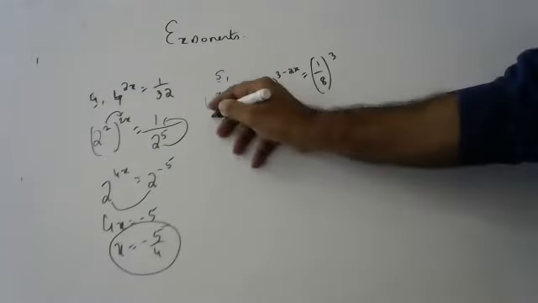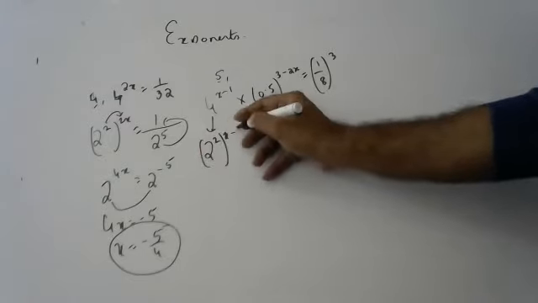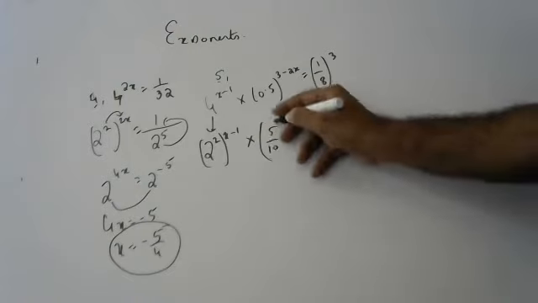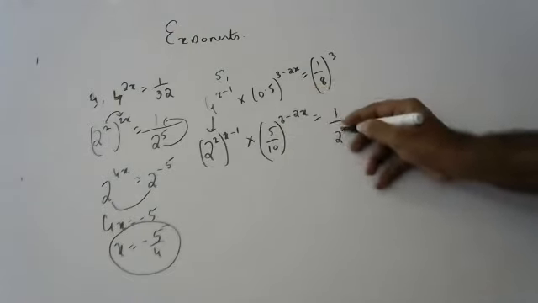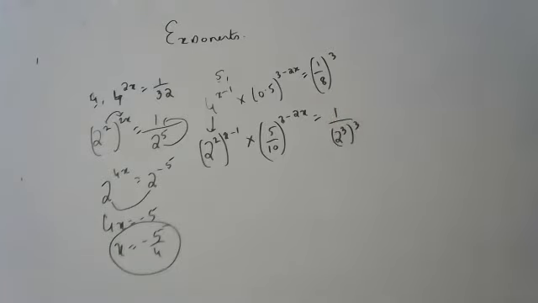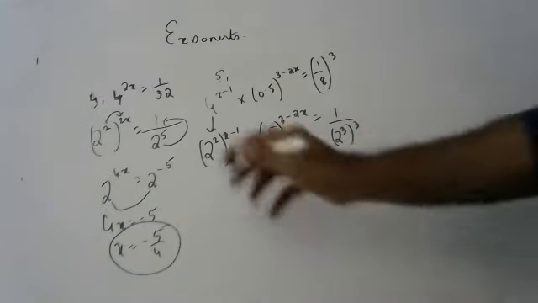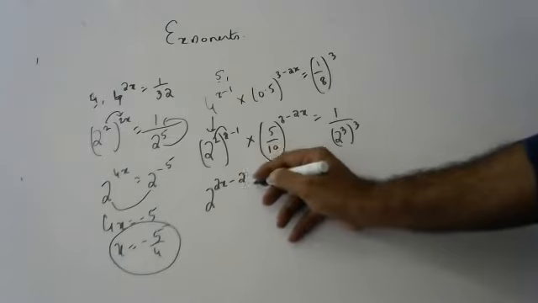Sir, 4 we can write as 2 to the power of 2, sir. Into 0.5 whole power is equal to 1 by 2 whole power 3. 1 by 2 cube whole to the power of 3. 1 cube is 1 only. This we can write as 2 to the power of 2x minus 2, sir.